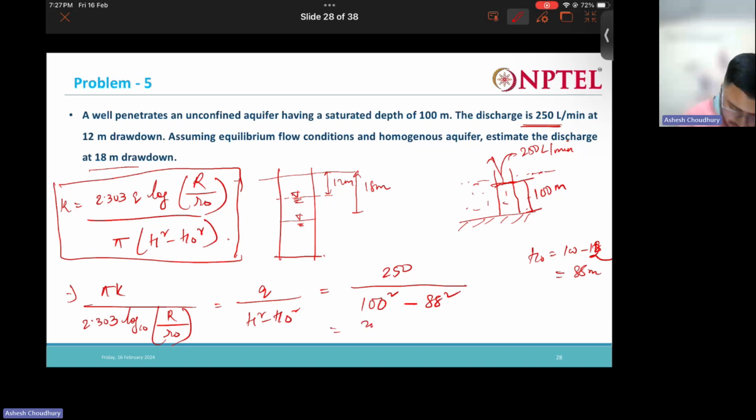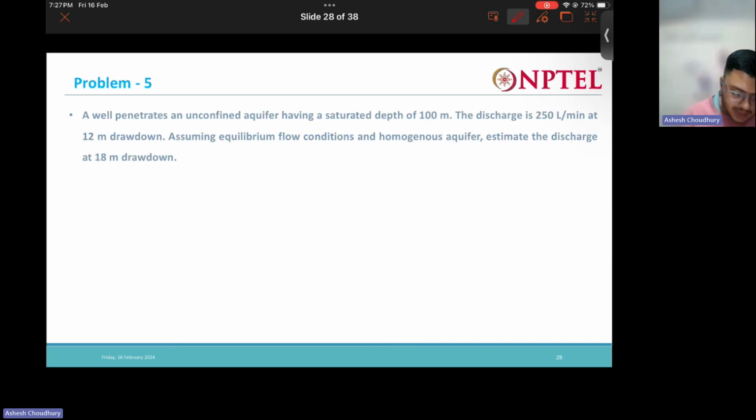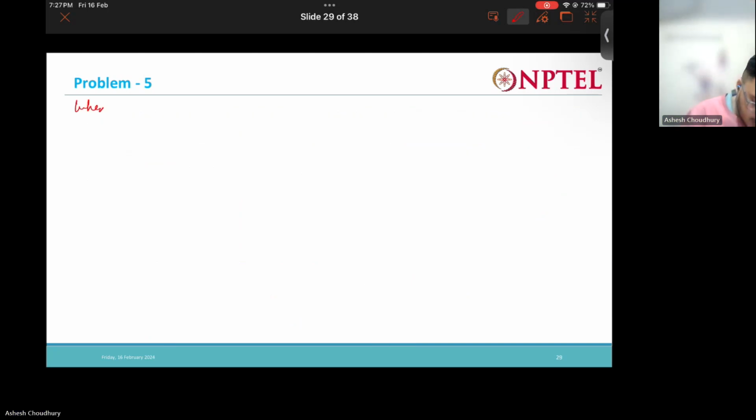It is 250 by 2256. Now the second case is when h naught is 100 minus 18, that is 82 meter. At that time we need to find out the flow.